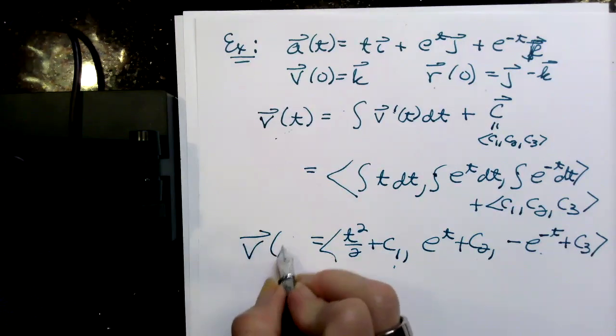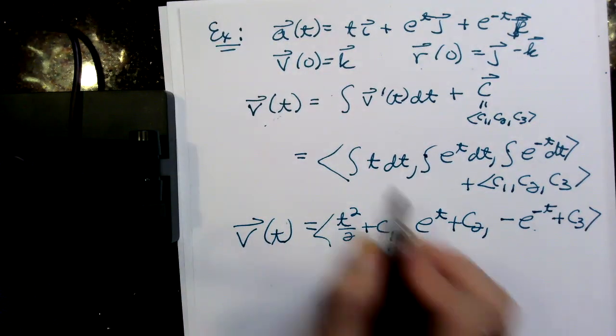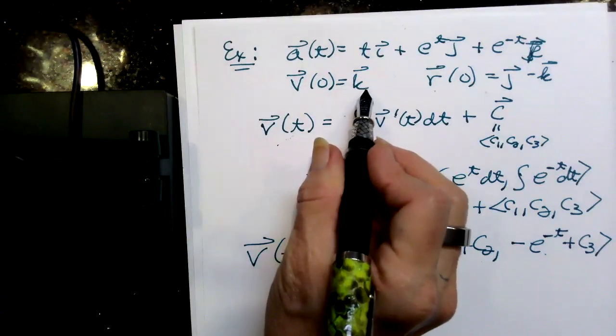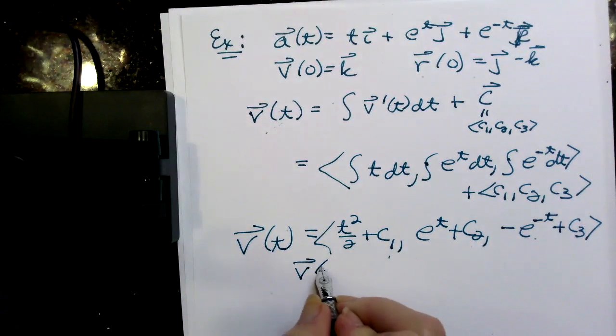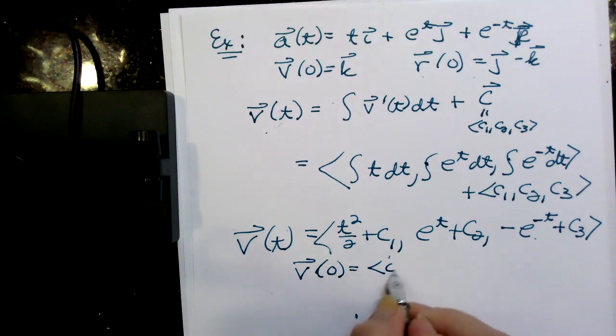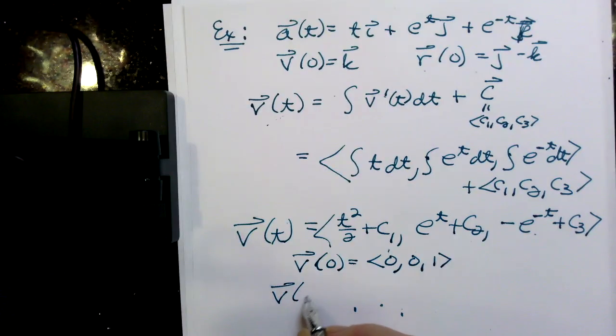And there is your v of t, okay? Except we need those constants. But we're given an initial condition. In other words, in this notation, v of 0 is 0, 0, 1. Okay? So what is v of 0 when we work it out here?